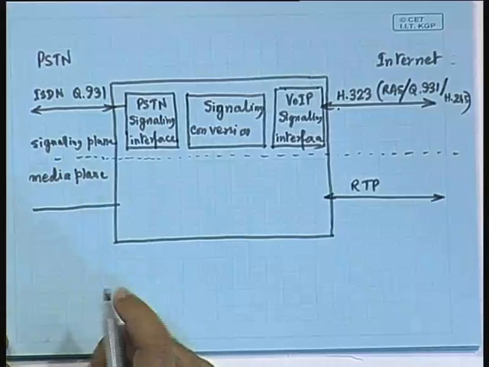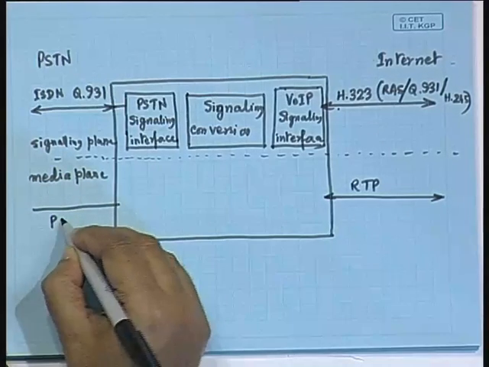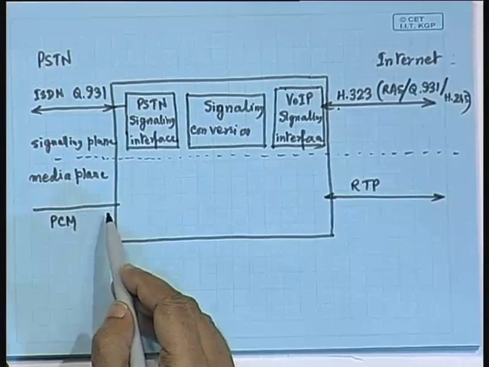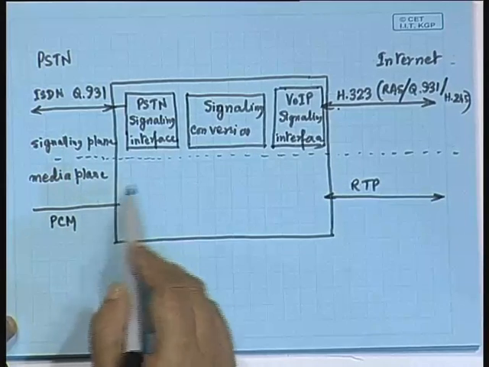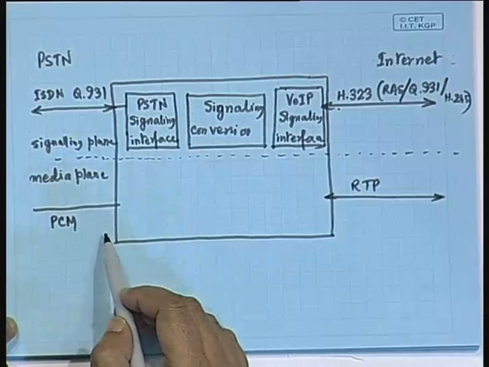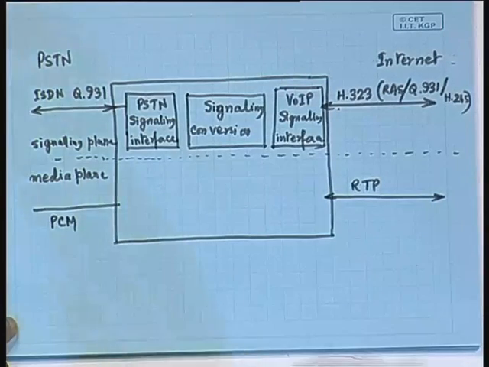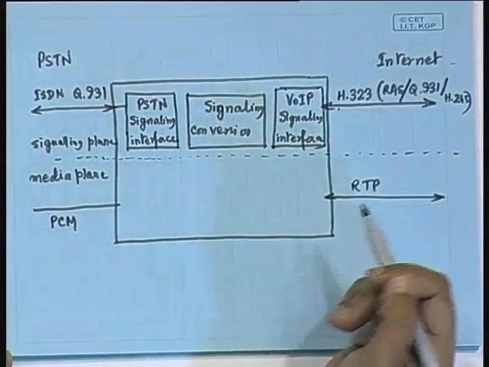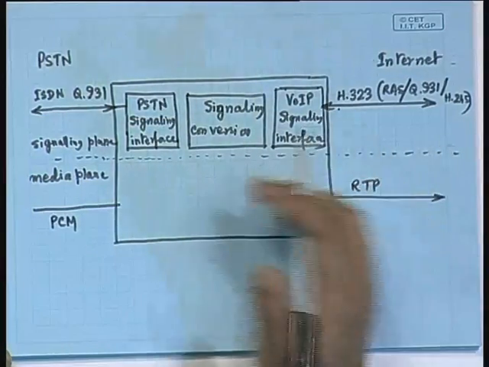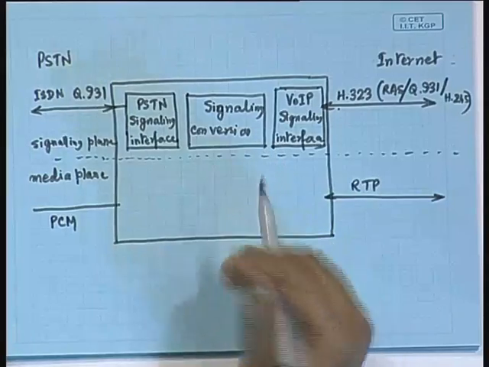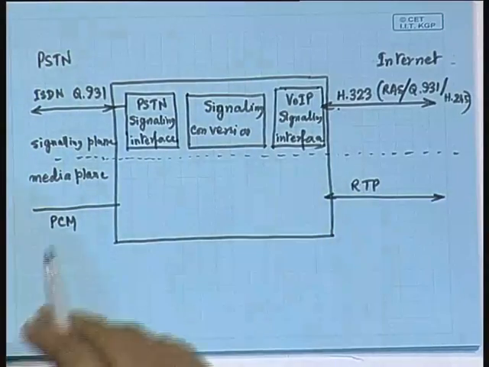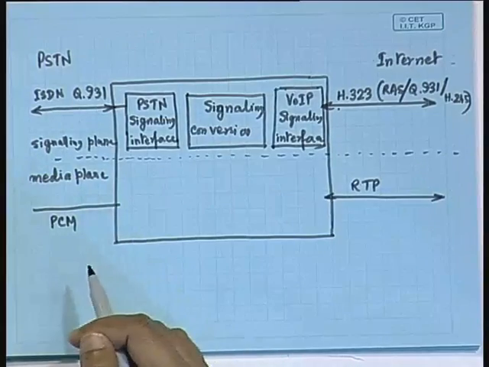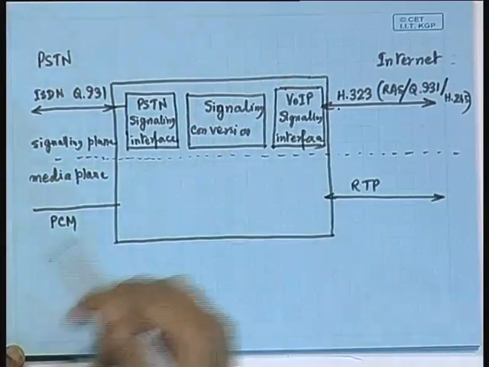At the PSTN side we will have the encoded PCM samples coming from the PSTN up to this media interface, or the opposite can also happen when the internet phone is communicating to the PSTN. That time, from the RTP payload we have to extract the data, convert it to PCM samples, and transmit it through the PSTN interface end.